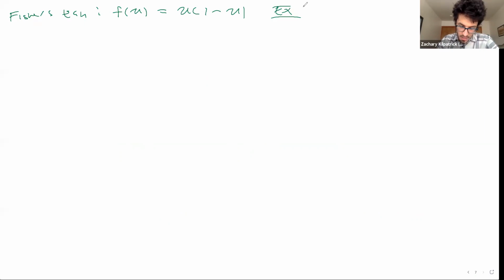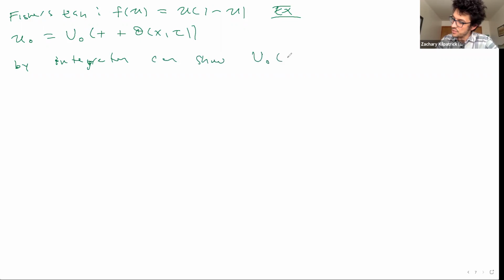In this case, u0 is equal to u0 of t plus theta x of tau. And by integration, we can show that u0 of s is equal to 1 over 1 plus e to the minus s in this case.